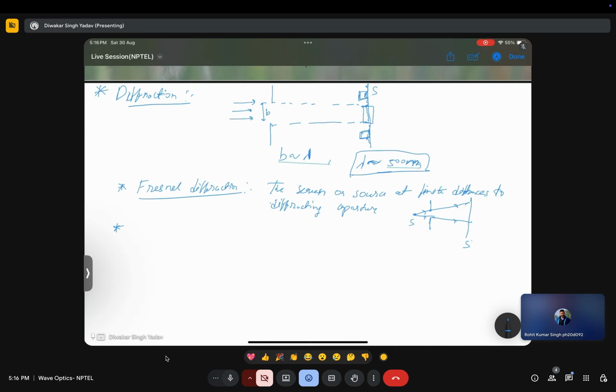Something like this we call Fresnel diffraction. All these distances are finite, and finite distances mean the light rays coming at the slit are not parallel. For the other class, we call it Fraunhofer diffraction.